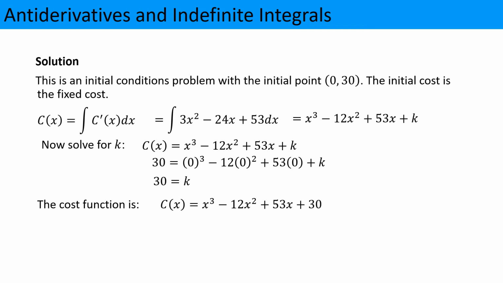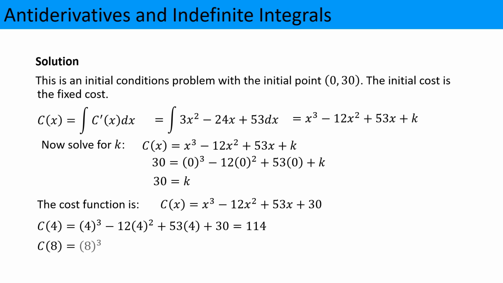To compute the cost of making 4,000 bottles, we put in 4. Remember, x is expressed in thousands, so you have 4 cubed minus 12 times 4 squared plus 53 times 4 plus 30, and that's equal to 114. And the cost of producing 8,000 bottles we compute at 8, so c of 8 is equal to 8 cubed minus 12 times 8 squared plus 53 times 8 plus 30, and that's equal to 198.